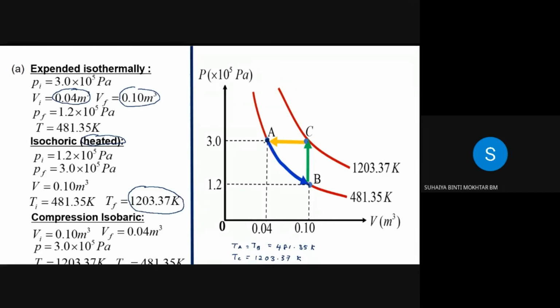Okay, at this point. Mesti initial untuk case isothermal, point A. Hujung dia is point B, final case untuk isothermal, masih isothermal. Okay madam.